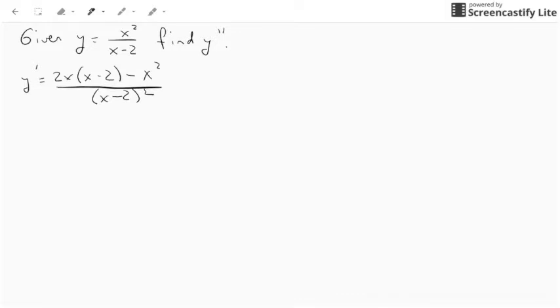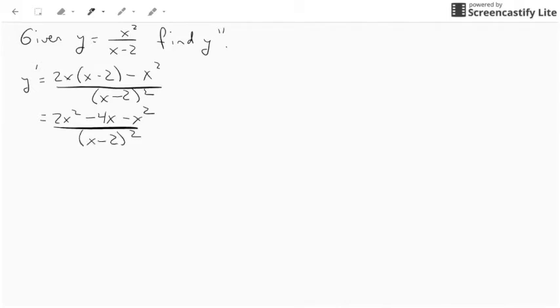Okay, now, the best thing to do here before I move on to the second derivative is to simplify the numerator here. So I'm going to distribute the 2x through. So 2x squared minus 4x minus x squared all over x minus 2 squared.